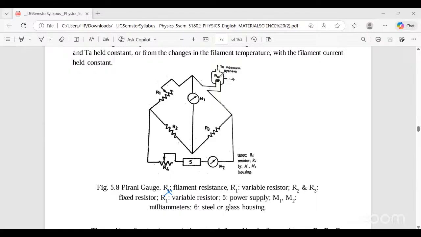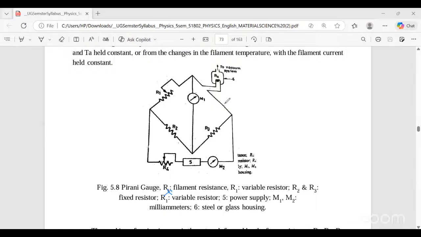As the unknown pressure changes, the amount of heat withdrawn from the filament changes, and so does its temperature. So the filament current is readjusted till the filament temperature is brought back to the original value. The balance current involved is measured with a meter and gives the measured value of the pressure. So this is about the Pirani gauge.